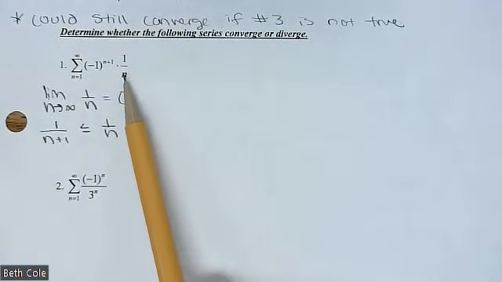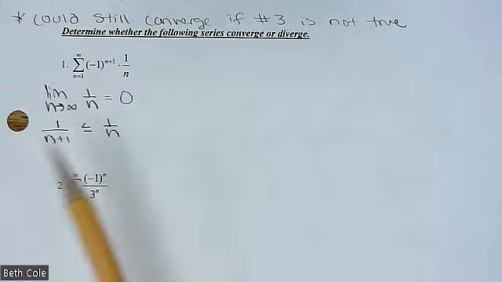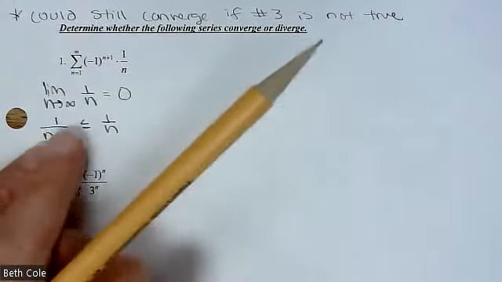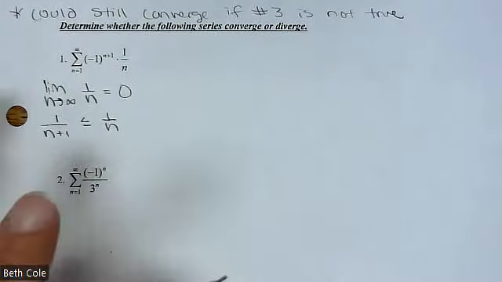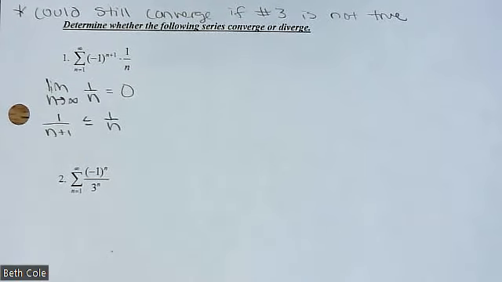So you plug in n plus 1 for n, and then you debate, is this a true statement? Would this be smaller than this? Yes, because this denominator would be larger. The one that has the larger denominator is the smaller fraction. For example, a 7th is smaller than a 6th. Do you get what I'm saying there? Okay.